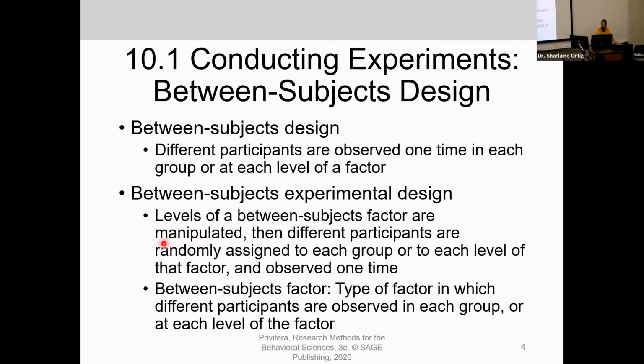Also, we should have as a significant requirement random assignment for each of those levels, right? So remember, between subject designs is interested in different levels of a specific factor, of a specific variable. So number one, I need to be able to manipulate that variable, and I should be able to randomly assign these groups or each level in a random fashion.